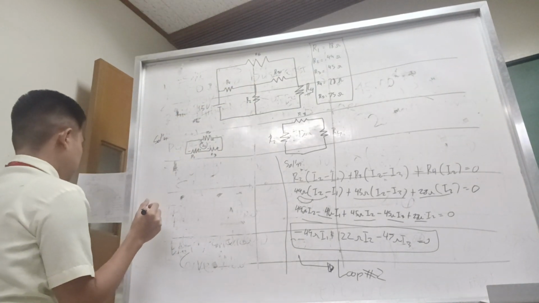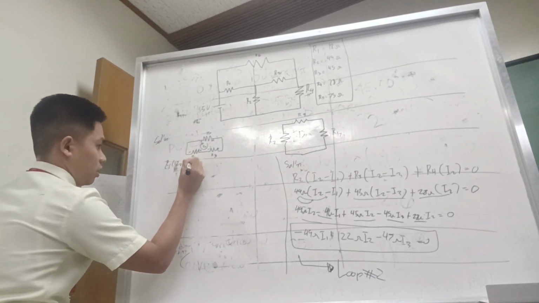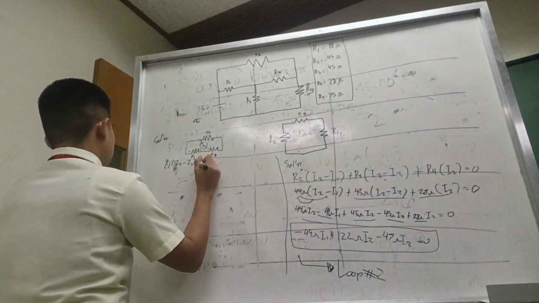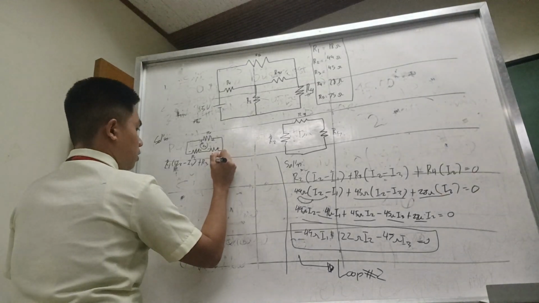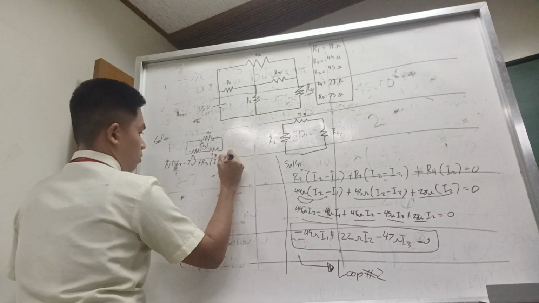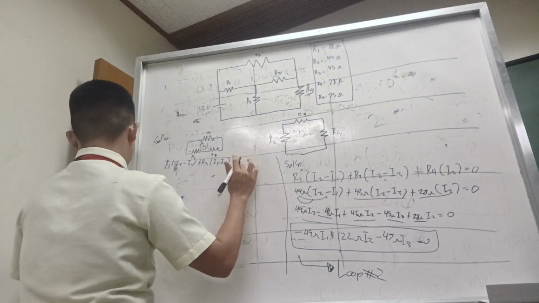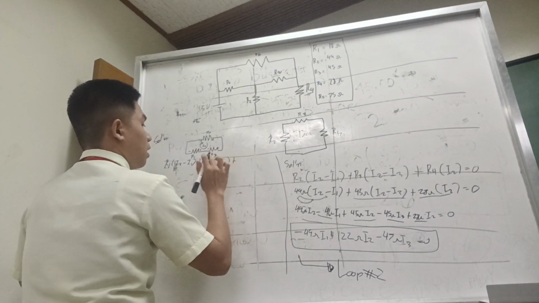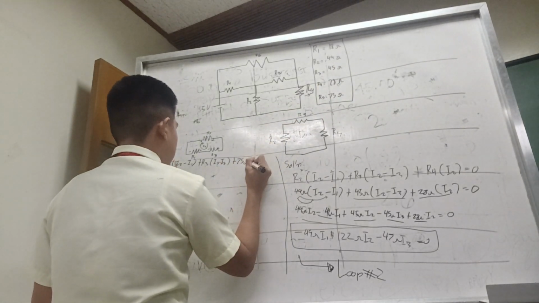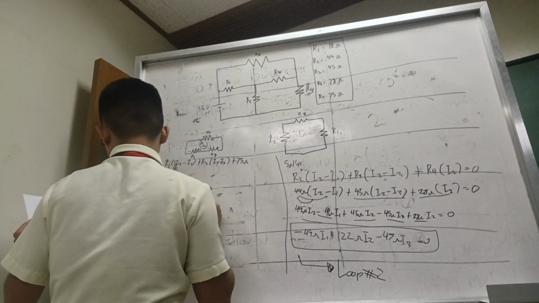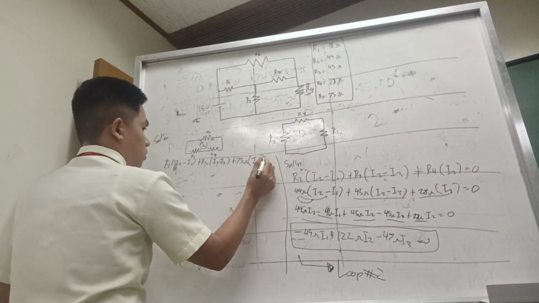So the solution is R1 is equals to I3 minus I1 parenthesis plus R3 parenthesis I3 minus I2 plus R5, R5 is 75 ohms, I3 is equal to 0.